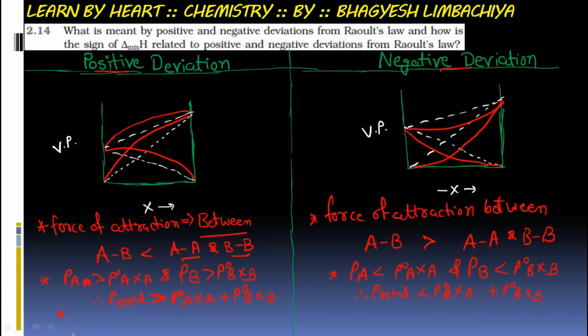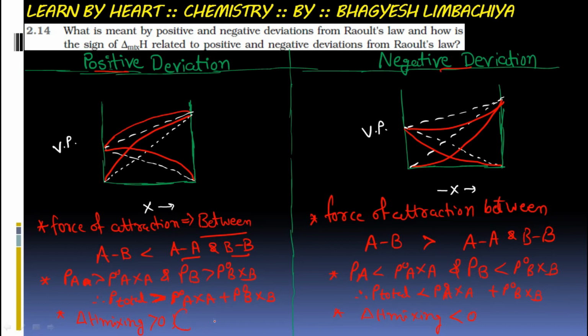Next, for positive deviation delta H mixing is greater than 0 and in negative deviation delta H mixing is less than 0.